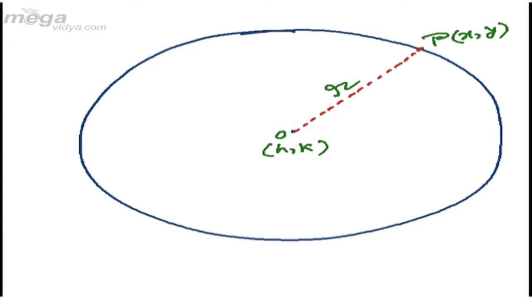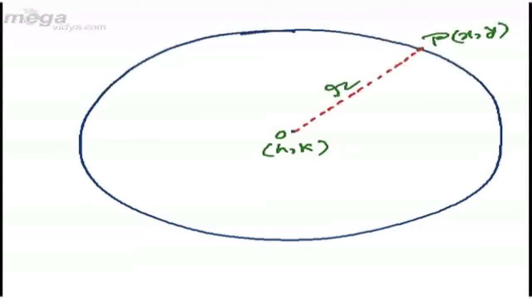Now student, what will be the equation of this path? That is, what will be the equation of the circle? Basically, the equation is the relation between all the coordinates which satisfy the condition that it is always moving at a constant distance from this fixed point.